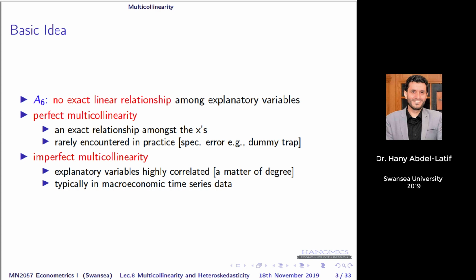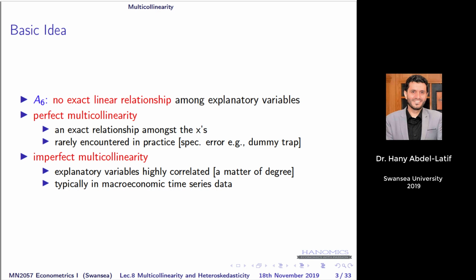The main issue here was actually imperfect multicollinearity, because in that case, your explanatory variables, your x's, are highly correlated, and you're not going to receive any warning message from any software you're using. It's going to estimate the model. You're going to have estimations, coefficients that you can interpret, but this has some implication for your estimation.